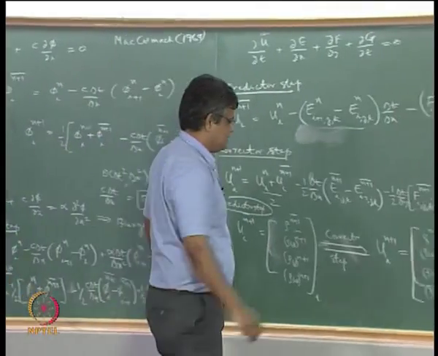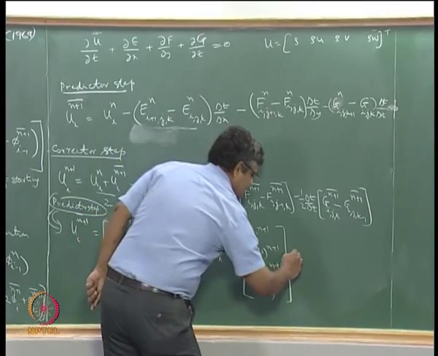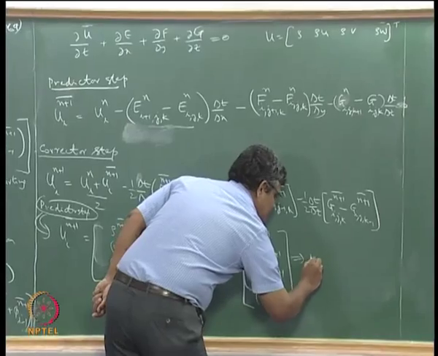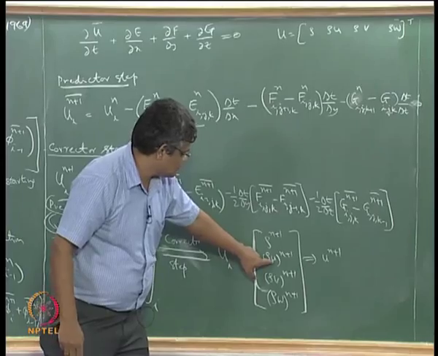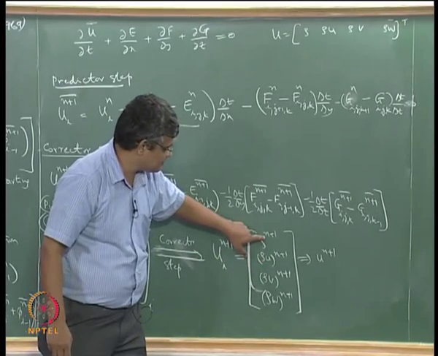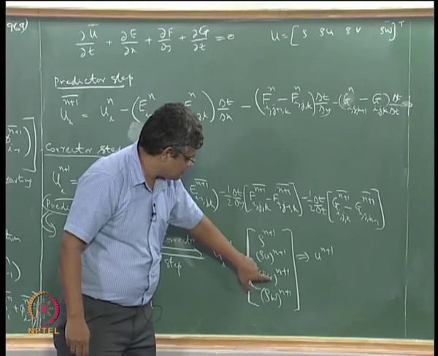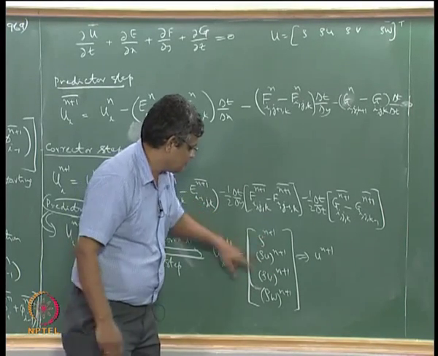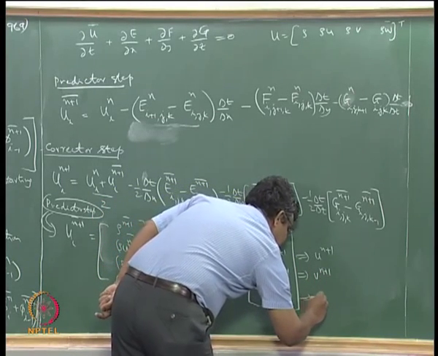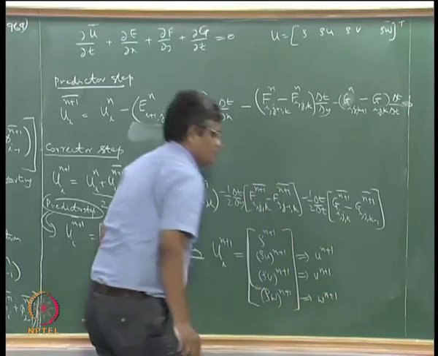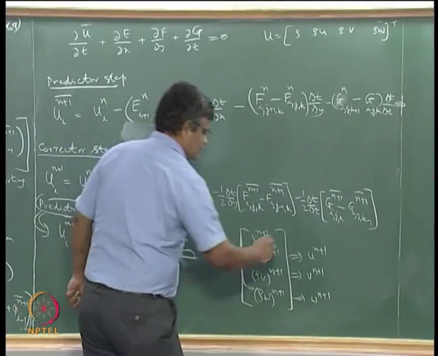So if we get this, so we know rho at n plus 1, and from this we get u n plus 1, because this is rho n plus 1 times u n plus 1, and rho n plus 1 is known from this, so you get u n plus 1, and we get rho n plus 1 v n plus 1, again we know rho n plus 1 here, so from this we get v n plus 1, and from this we get w n plus 1.